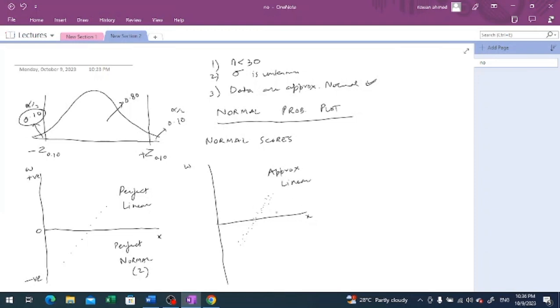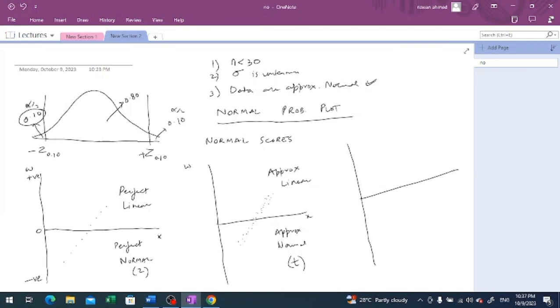And approximately linear means approximately normal. Why? Because we are establishing a connection between two variables: one is our data values, another is normal scores. So approximately normal means the t distribution can be used.